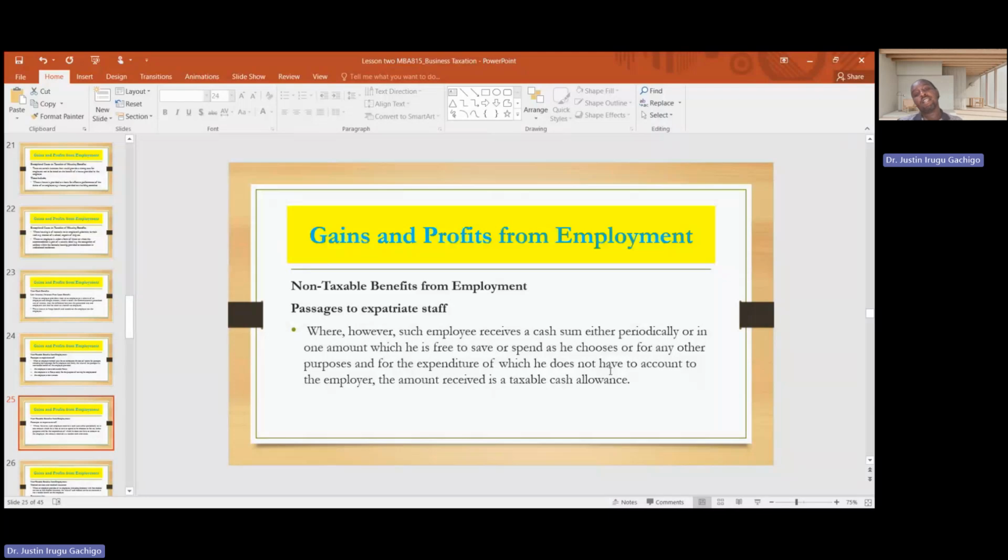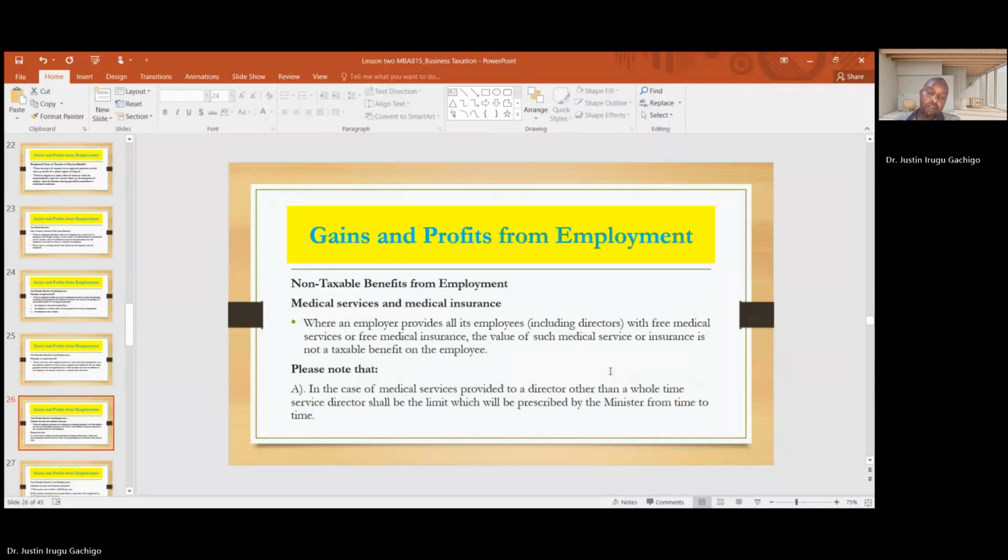So in some cases, you find that this money, you are free to use as you wish. You can save this amount as opposed to spending it on air fare, or on the purpose for which it was designed. So in this case, that amount is going to be a taxable allowance.